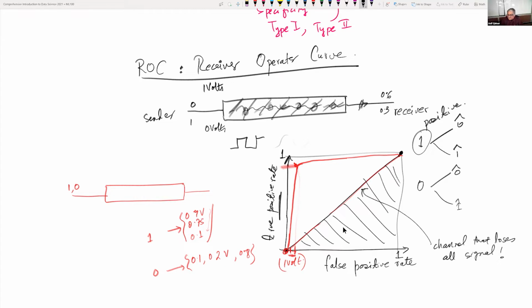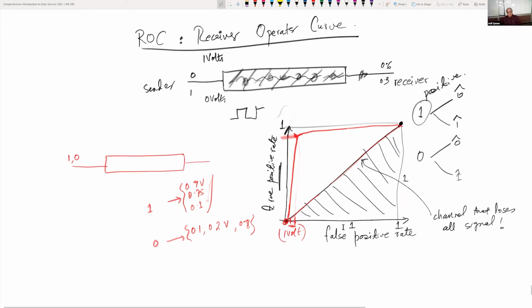The area under this curve is, well, if this is 1 and this is 1, what is the area under the curve, under this useless channel curve or the useless classifier curve? What's the area? If a triangle has a base, half. Half, exactly.